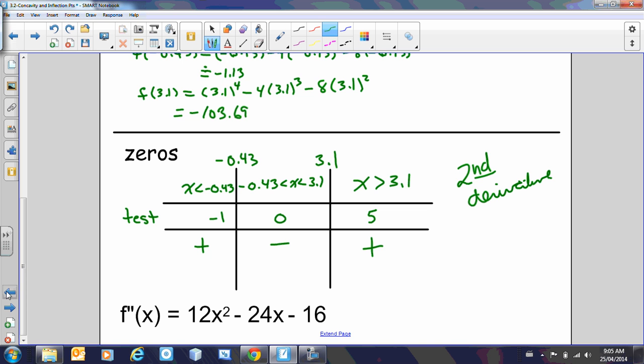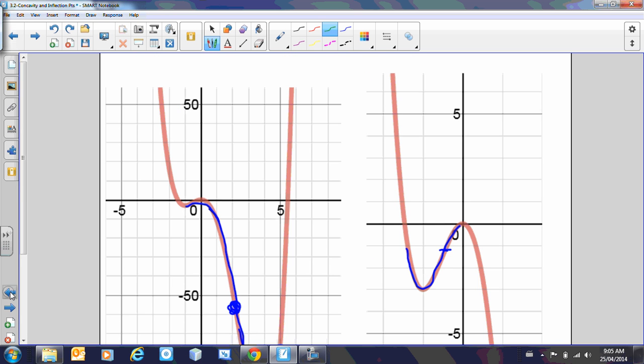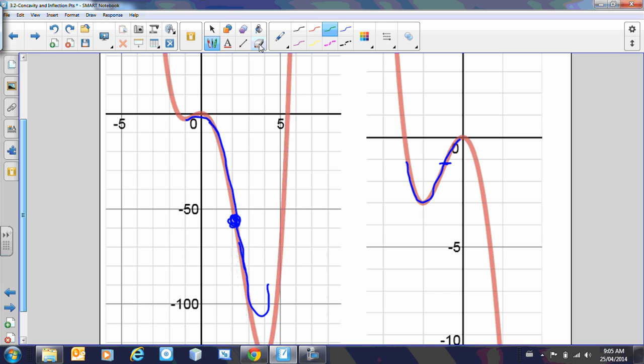And so if we go back to our graphs now, and I'll clear off the mess here. What we found was, leading up to our turning points, we have a positive value first. So somewhere around here is the one turning point.